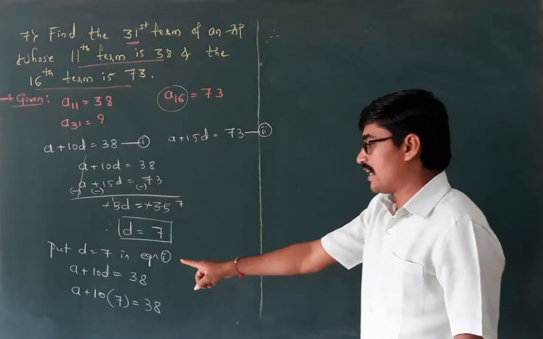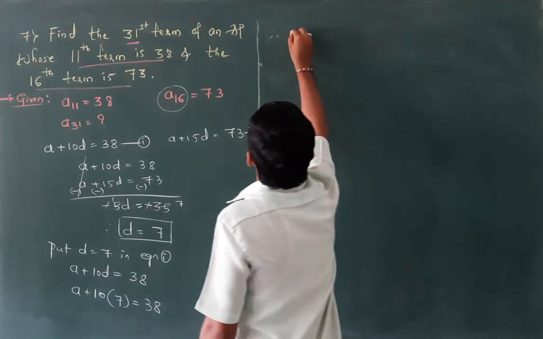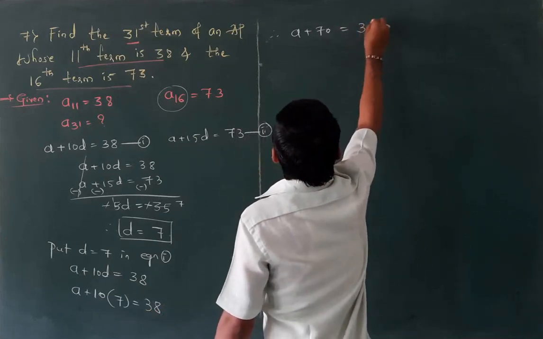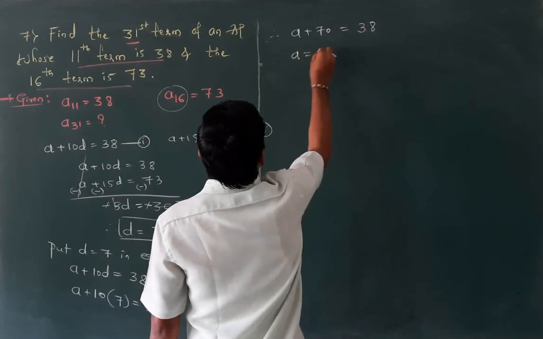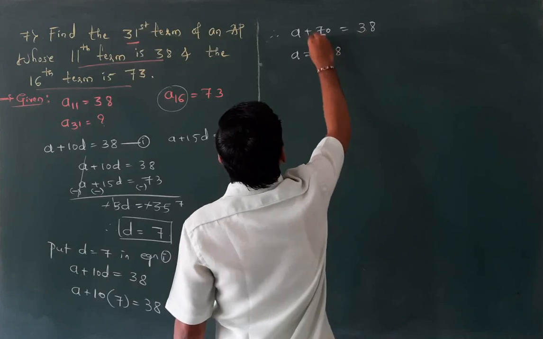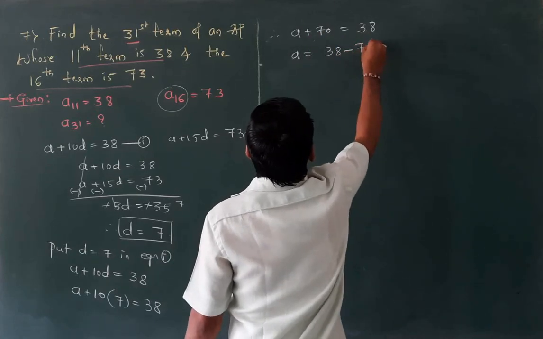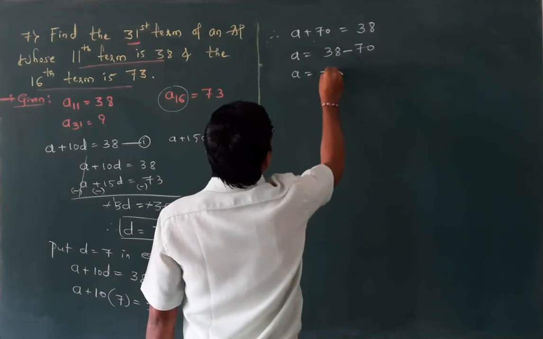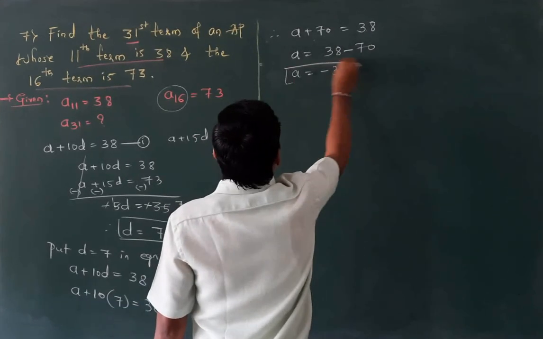Here a plus 70 is equal to 38. Therefore a is equal to 38 minus 70, which is minus 32. It is the value of a.